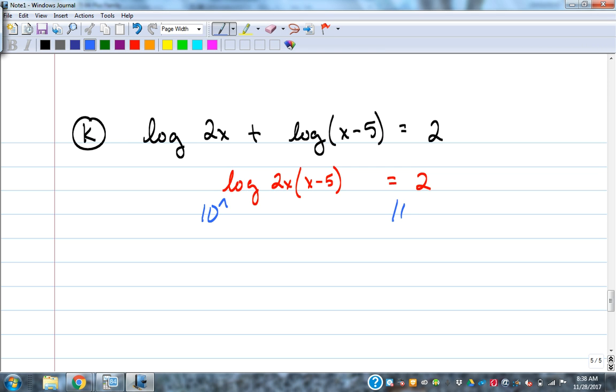That's easy work, right? 10 squared is 100. What happens on the left side? Cancels out. All I got is 2x, parentheses, x minus 5. But if I multiply those two together and multiply it out, what do I end up with?